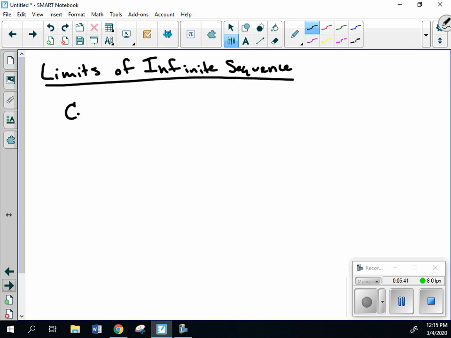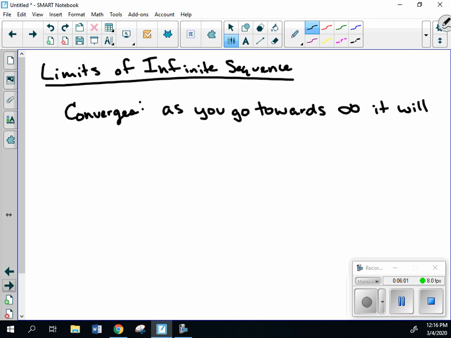If it converges, that means that as you go on forever, it goes towards a certain number. So as you go towards infinity, it will be a finite number.